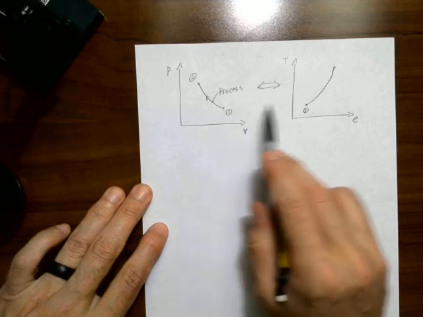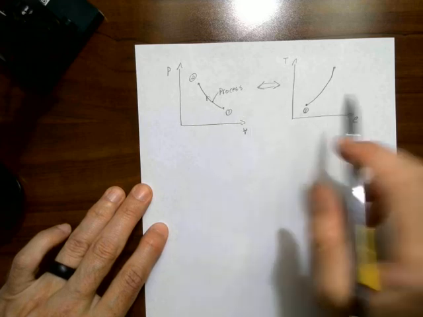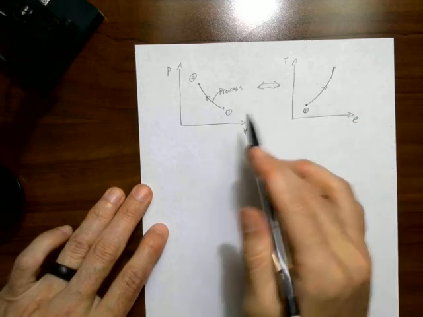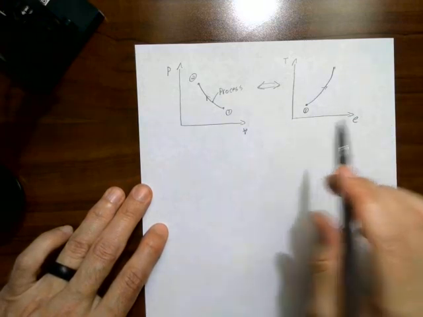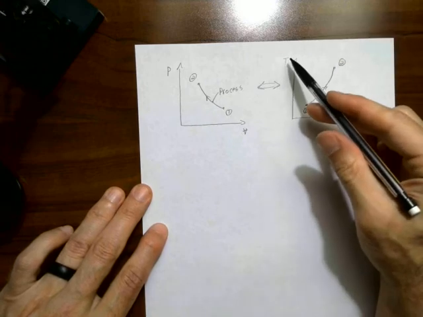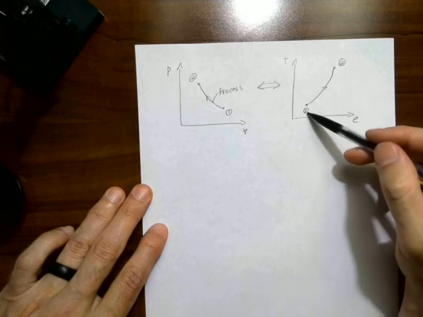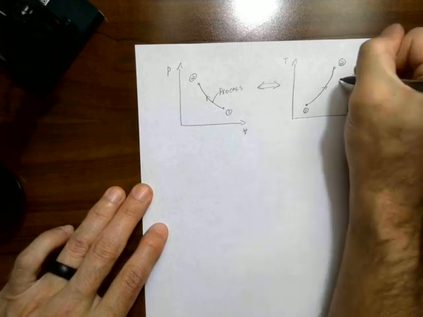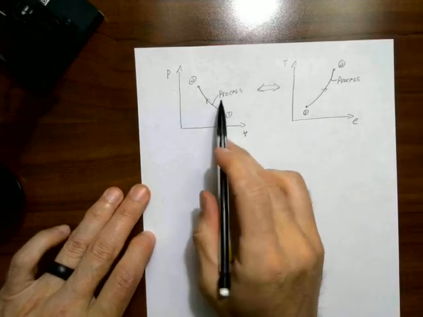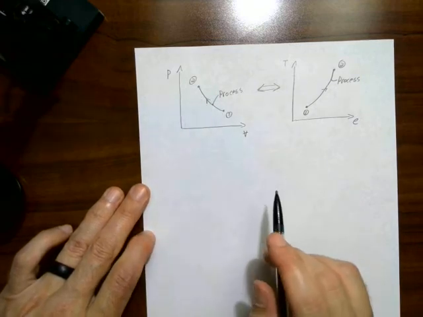It's the exact same state, just expressed in terms of two different variables. Here's the process expressed on a temperature-specific energy diagram, going from state 1 to state 2. And this is the same process in terms of pressure and specific volume.